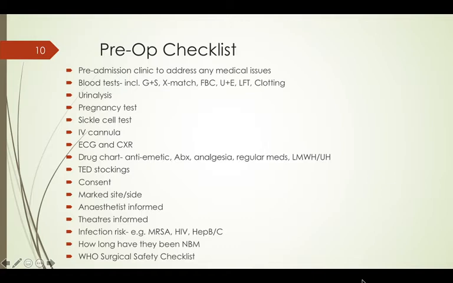Drug chart, so some common drugs associated with surgery, so antiemetics, very, very commonly used post-surgery. Antibiotic use as prophylaxis, or indeed if someone develops an infection post-surgery. Analgesia of obviously varying types.